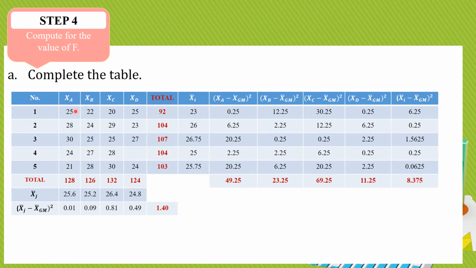So for this one, x sub a is 25 minus the grand mean, 25.5, and the answer is negative 0.5, and then we square it, so we obtain 0.25. The same process for this one: we have 12.25. We get this by subtracting 22 minus 25.5 and squaring it, and the answer is 12.25. All of these values are obtained using the same process.